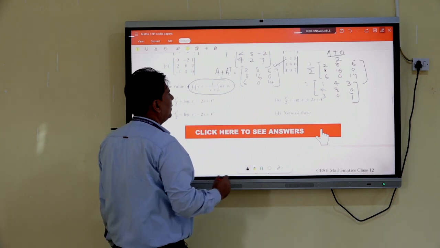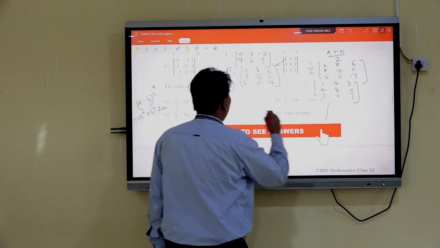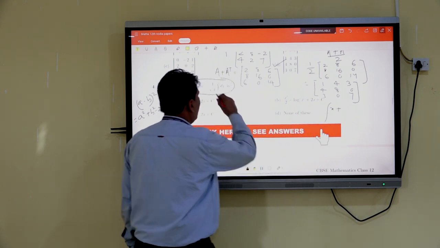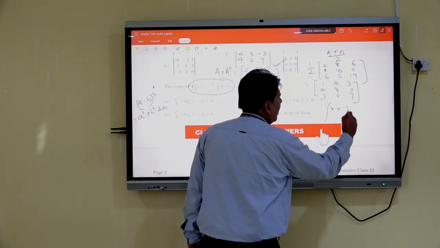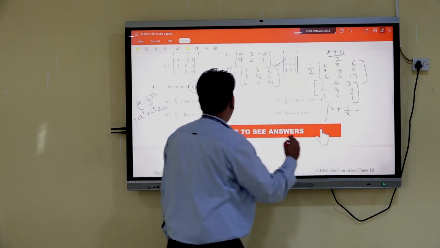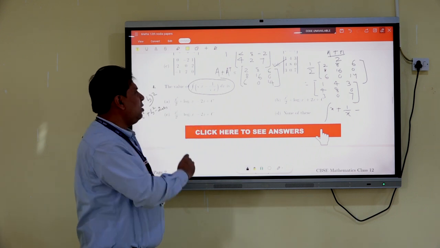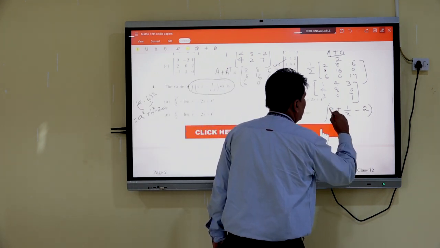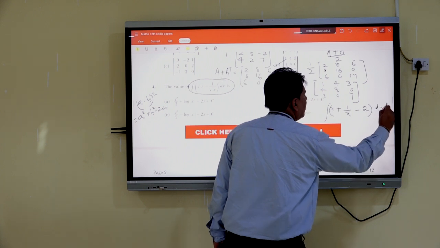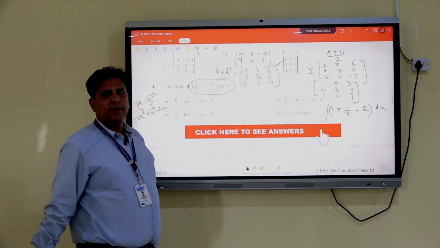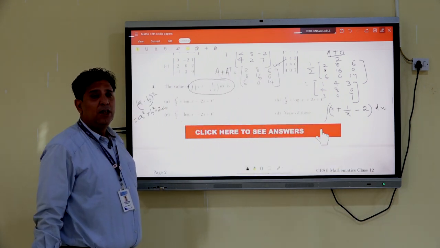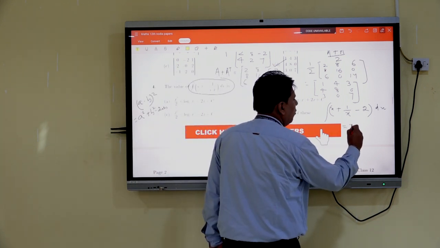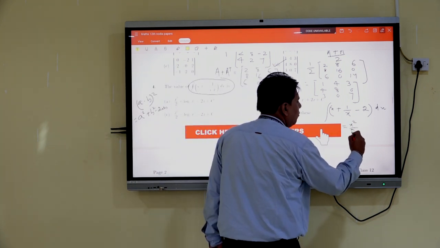So what will I get? Integration of root x square, root x square is x. Then 1 by root x square is 1 by x. Then 2 into root x into 1 by root x. So root x cancels, how much will I get? Only 2. So integration of x plus 1 by x minus 2. Now what is the integration of x? We all know it is x square by 2.